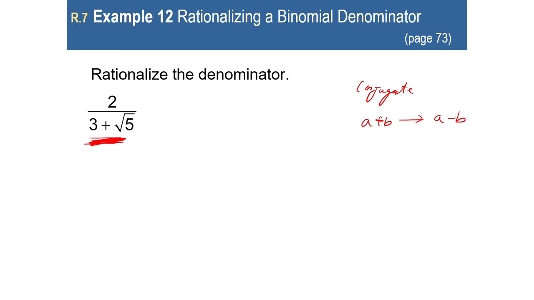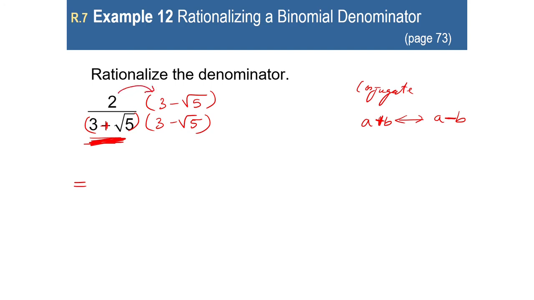So if this has a plus sign, use a minus sign between. The conjugate of a minus b is a plus b. So if this has a minus sign between, use a plus. So in this case, I have a plus, so the conjugate is 3 minus the square root of 5. So we'll multiply the top and bottom by 3 minus the square root of 5.